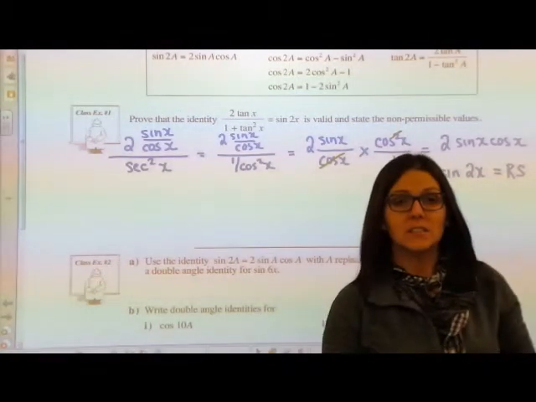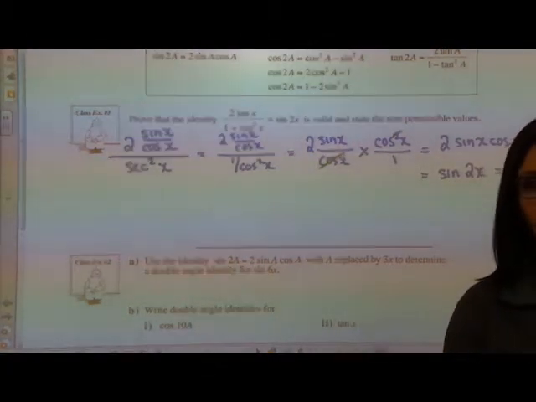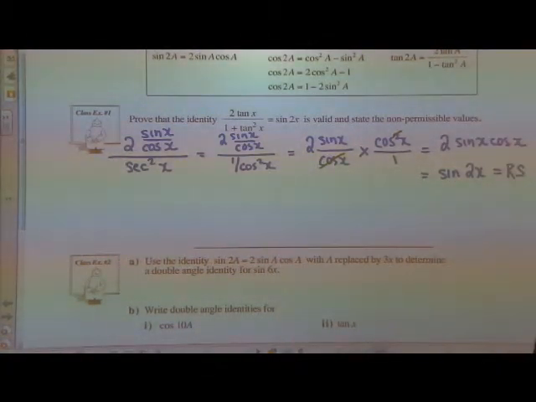Anytime you have a 1 and something squared, look to see if it's part of those Pythagorean identities, because we have sine squared plus cos squared equals 1. We have 1 plus tan squared equals secant squared, and the other one was 1 plus cotangent squared equals cosecant squared.